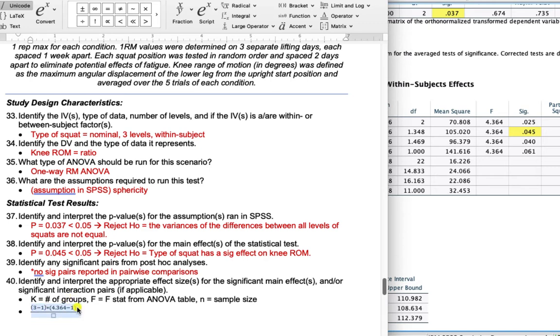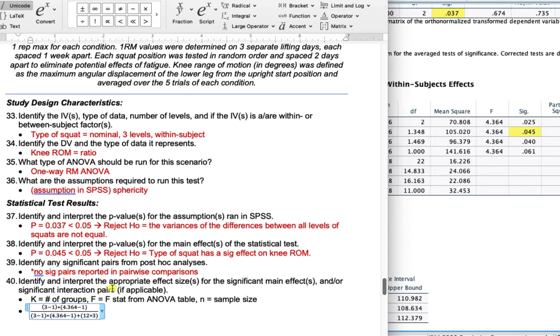We repeat this top row, put it in the denominator, and then we add the product of our sample size, which is 12, times our number of groups, which is 3.